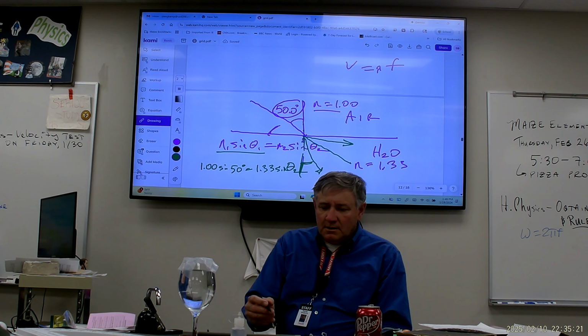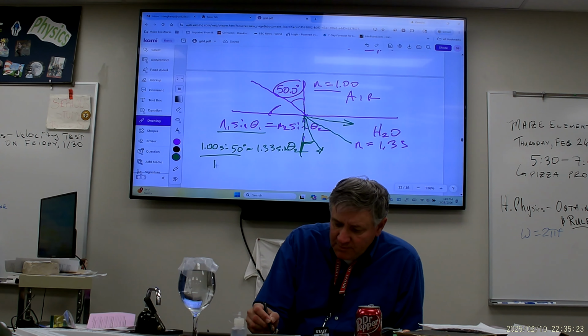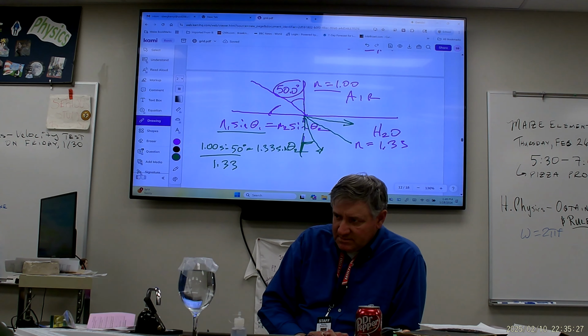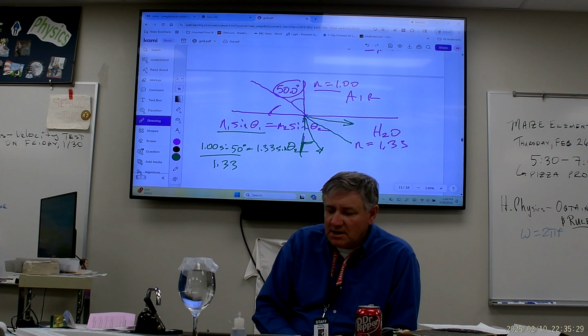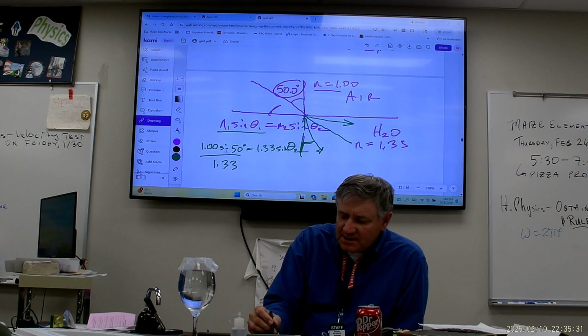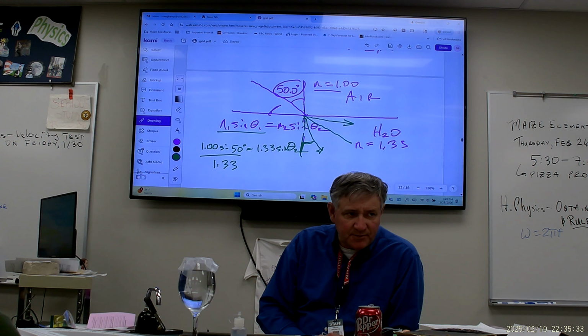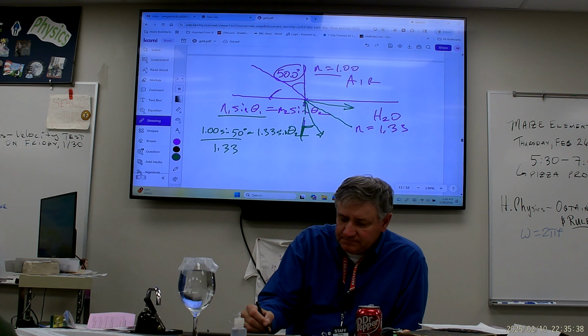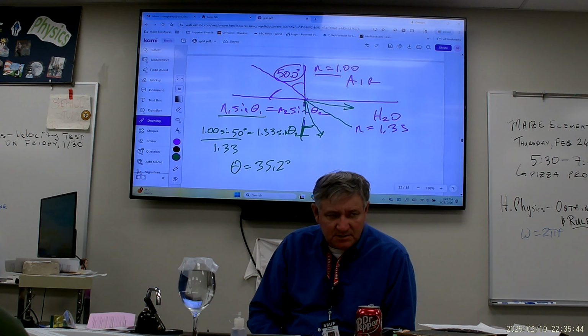Divide by 1.33 and then take the inverse sine. Okay? So I'm going to take the sine of 50 times 1, divide that by 1.33, and then take the inverse sine of all of that. What do you get? What'd you get? So call it 35.2 degrees.